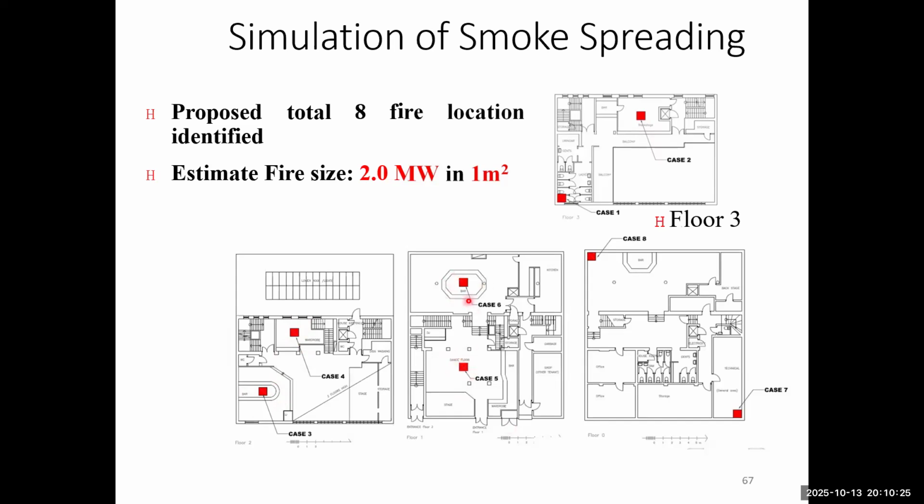Case 6 is a dance hall as well, and case 7 and case 8 are both in the corner of the floor. So which case do you think is the most severe condition for the people on these floors? Is any volunteer willing to answer the question?